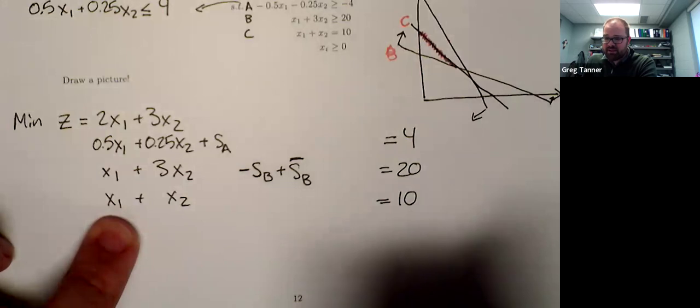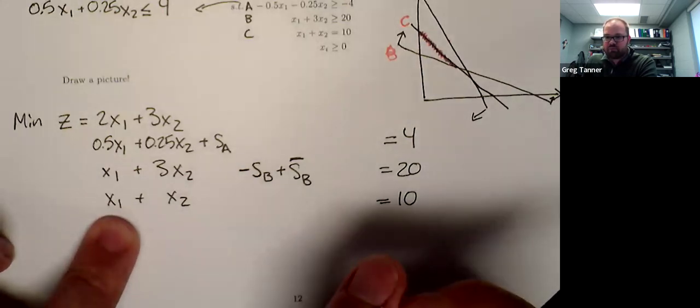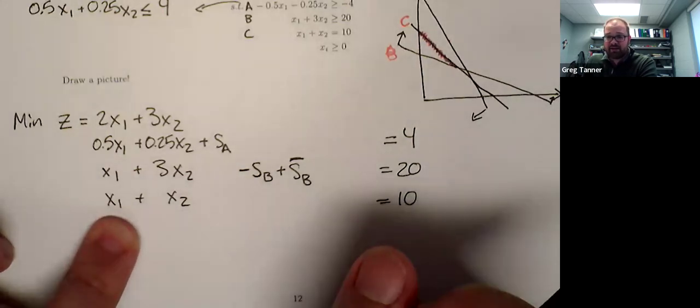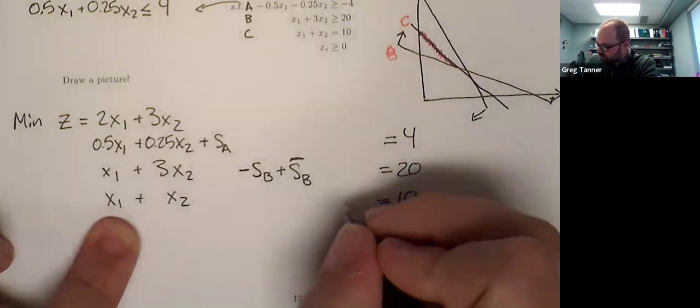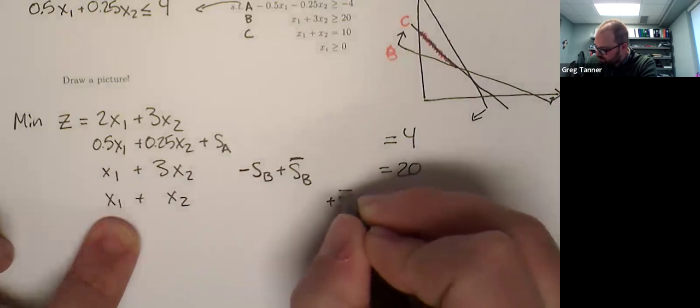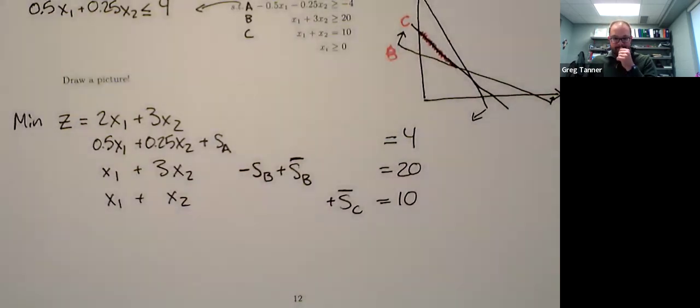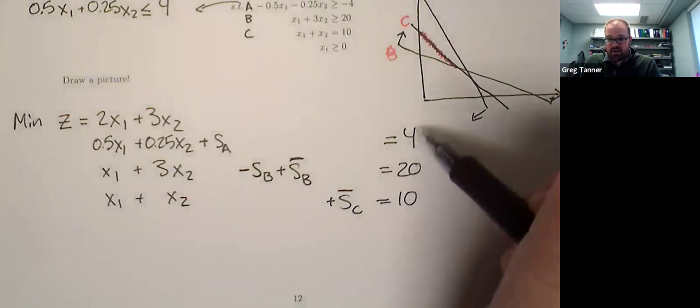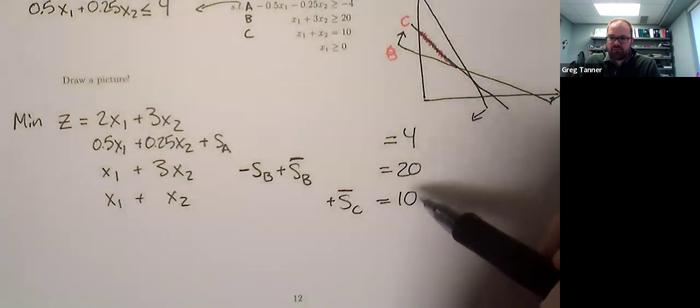So I need something to take up the slack that's there, even though no slack is allowed. And so I'm going to introduce an artificial variable here, plus SC bar. And this is going to be my constraints in my new augmented formulation with artificial variables.